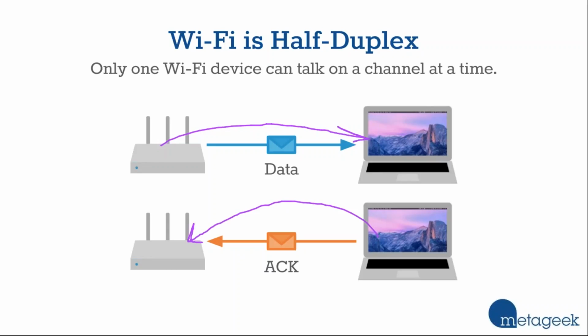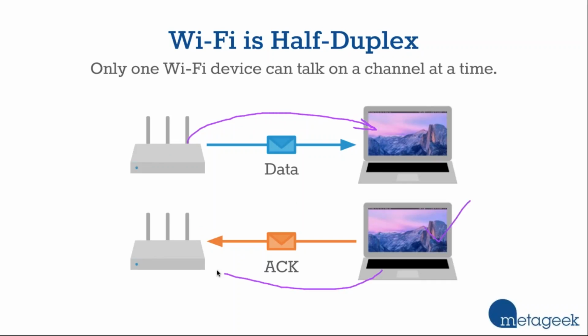But one thing I want you to recall is that when we send data to another machine, when it arrives, the receiving device looks at that data and makes sure it understood it. If it did, it'll go, yep, I understood that data, and it will reply with an acknowledgement. But remember, there are some things that can go wrong here. Let's say the access point transmits that data, but it never makes it there and gets garbled along the way. There are several things that can cause that.